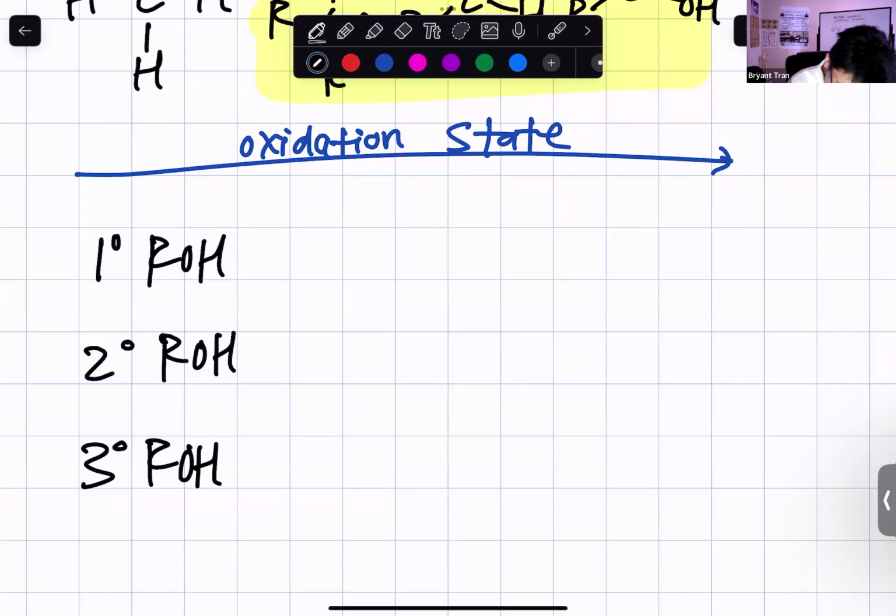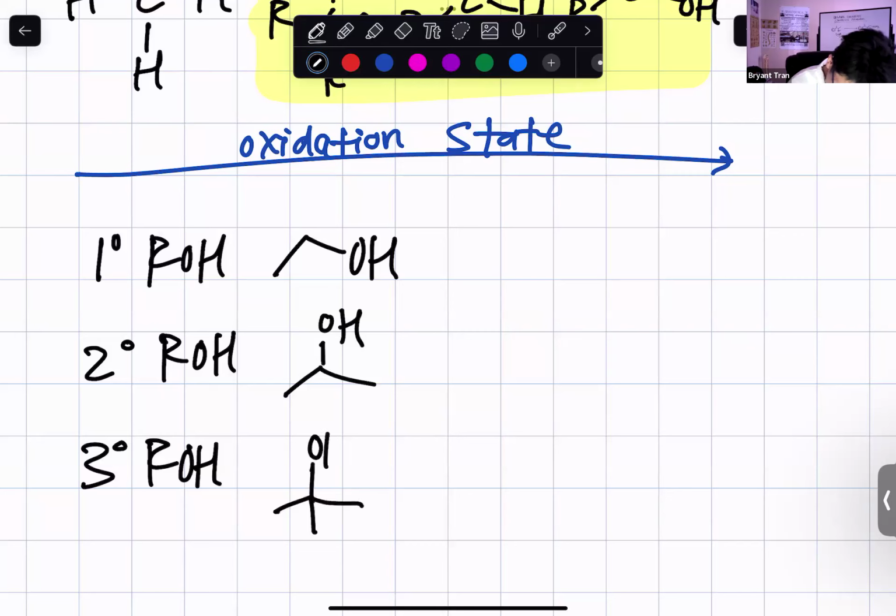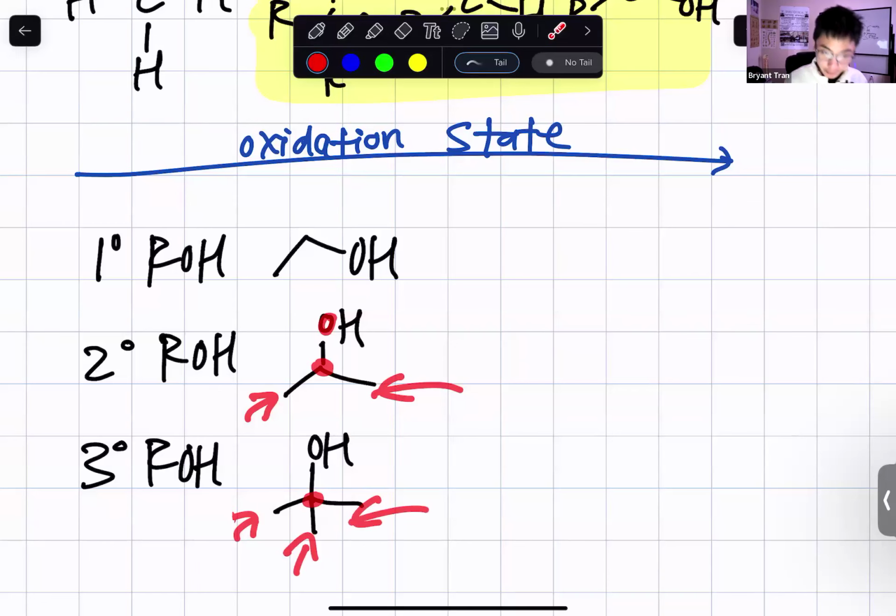A primary alcohol looks like this, a secondary alcohol like this, and a tertiary alcohol like this. They are named this way because the carbon directly attached to the oxygen is attached to one other carbon in a primary alcohol. In a secondary alcohol, it is attached to two other carbons. Tertiary, three other carbons.